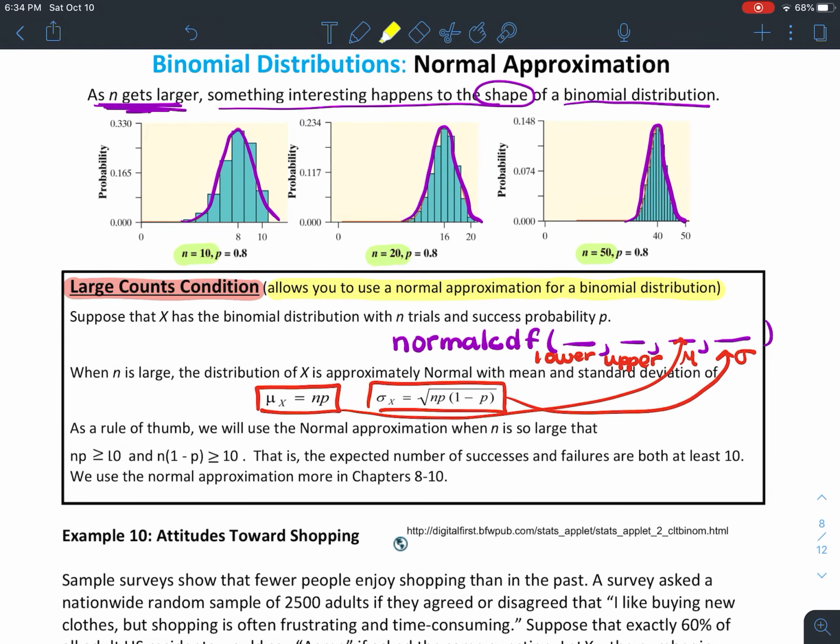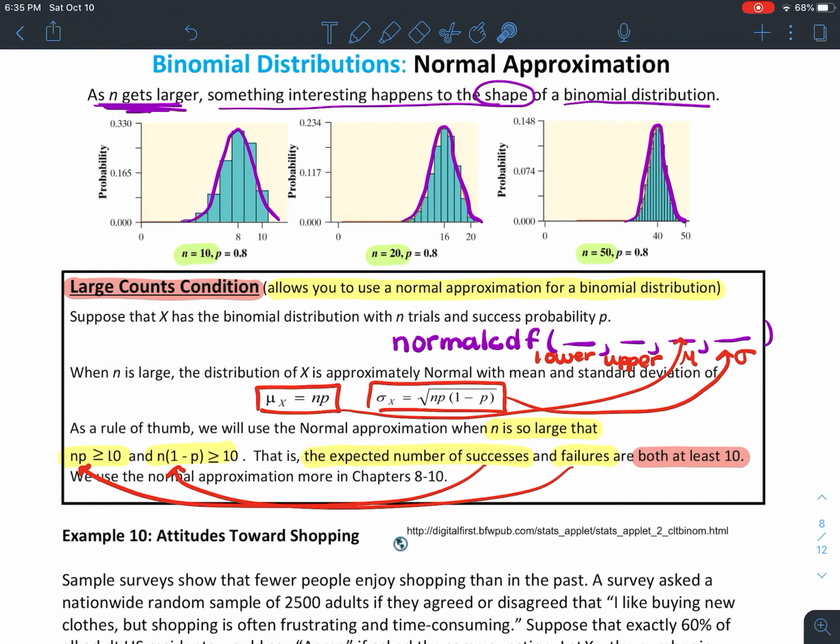Okay, so how large does a sample have to be? Well, the sample size has to be so large that the number of expected successes and the number of expected failures both have to be at least 10. And that's what this formula is showing you.